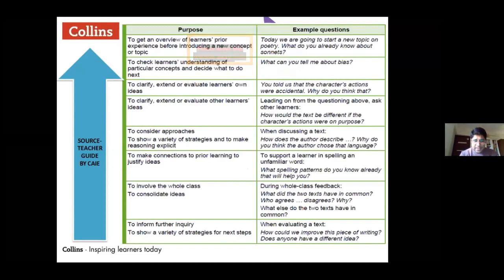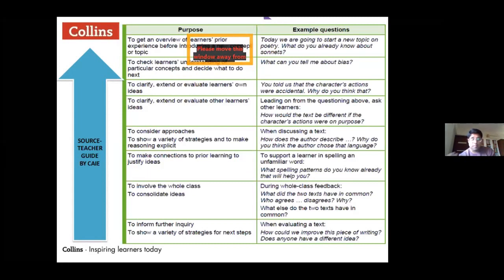And this is the last slide. This is taken from the teacher guide. With respect to the purpose that we have, what are the example questions that we can ask? To clarify, to get an overview of learners' prior experience, to check whether learners have understood a particular concept or not, and decide what to do next.